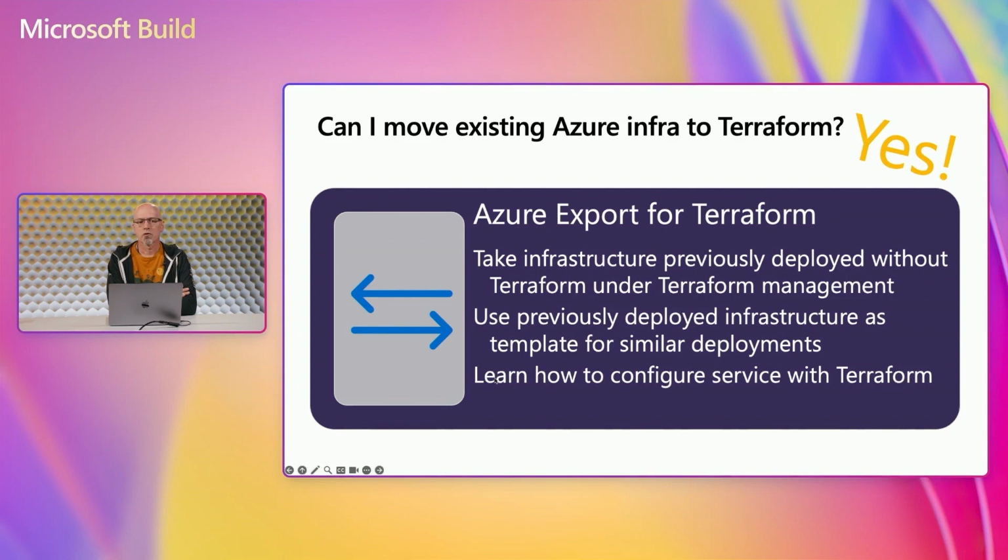And the last one that we have heard that this tool helps out with quite a bit is if there's a new service or feature that is added to Azure and you want to understand how to author that in Terraform, you can use this tool to view what the Terraform configuration is and compare that to what you are writing in your separate configuration. So we've had folks tell us that they get stuck.